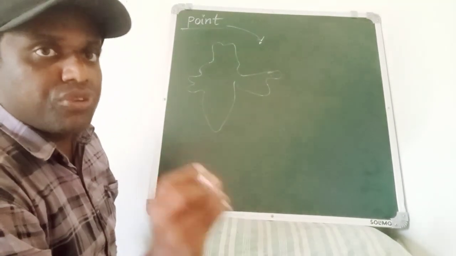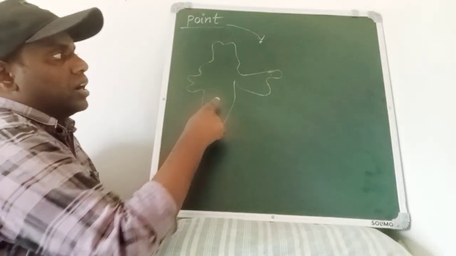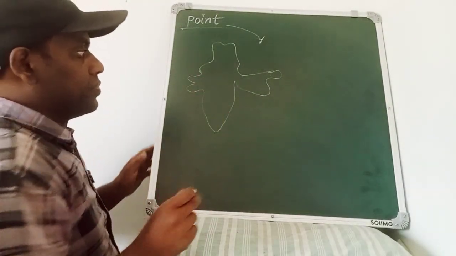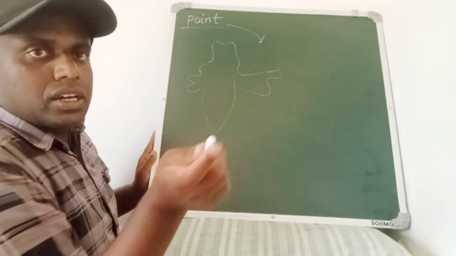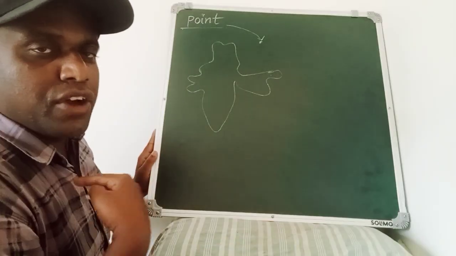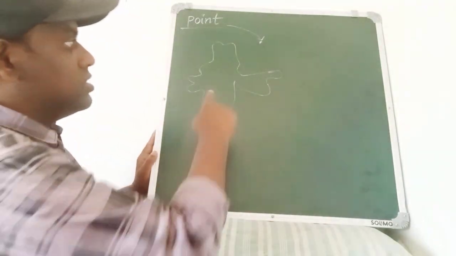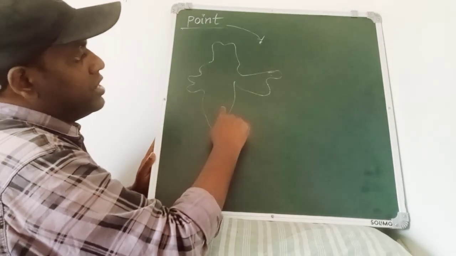I've just drawn a rough diagram to make you understand. For example, consider the country India. There is a state called Karnataka. I am from Karnataka state, from this India country. So the Karnataka state is here.